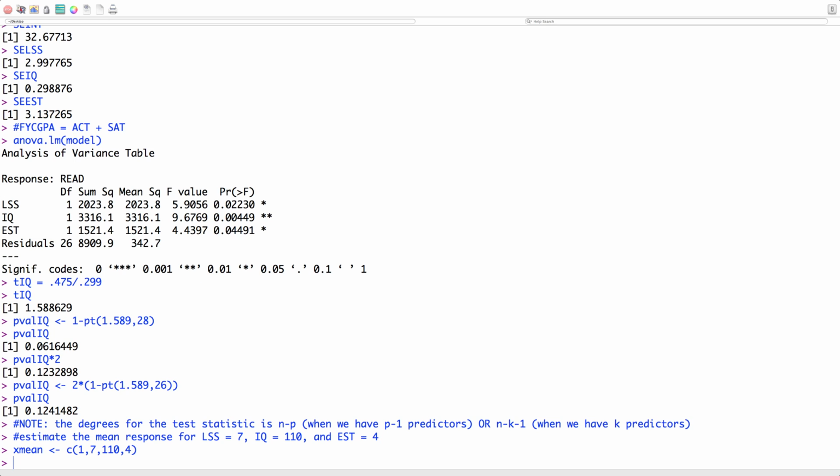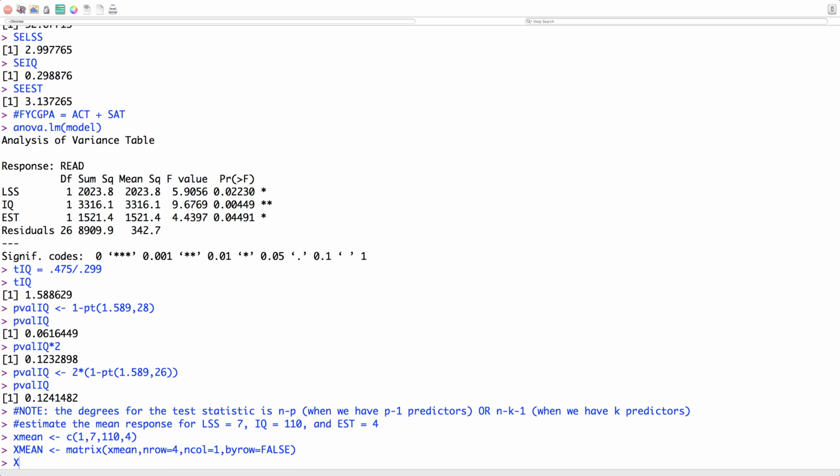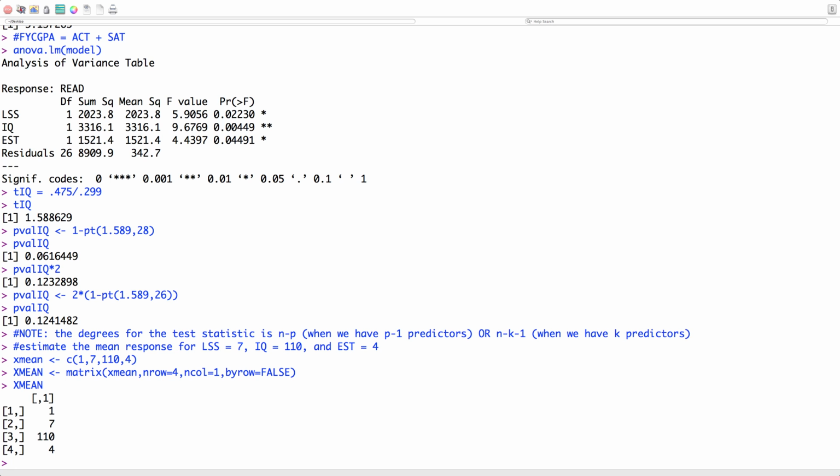Now what I want here is my x mean vector, and I want this to be matrix x mean with row equals 4, column equals 1, and byrow equals false. So x mean is what we want.